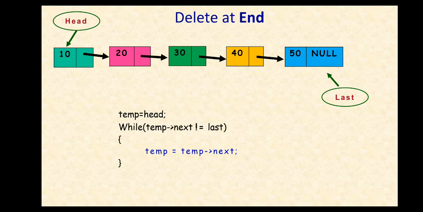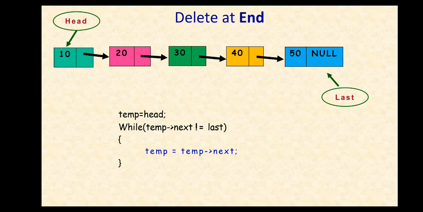I am starting traveling from the first node, that is head, so I took temp is equal to head. I am taking a pointer named temp to go through the list from head to the last but one node. I am verifying whether temp next is not equal to last.